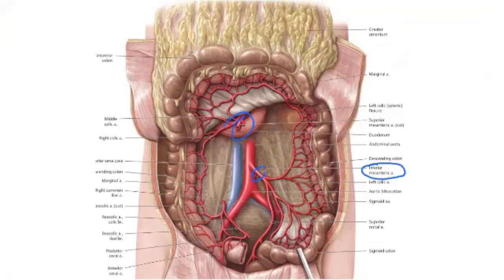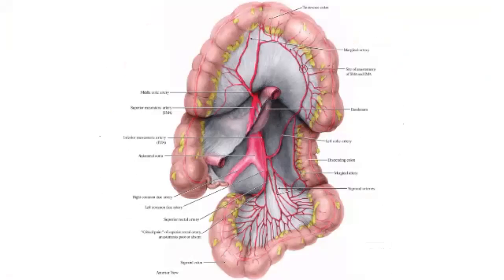This one forms the anastomosis between the superior mesenteric and inferior mesenteric arteries, right? This one is the superior mesenteric artery, this one the inferior mesenteric artery. This is the anastomosis between them, and this one is the marginal artery.